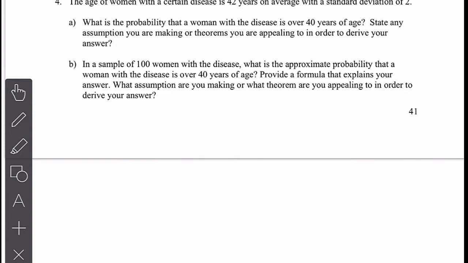What I would like you to do, there's only a few of you here, I would like you to attempt this problem. Don't look at the answer, okay? I'm going to leave you to try this for 3 minutes, and I'll come back and see how you did.